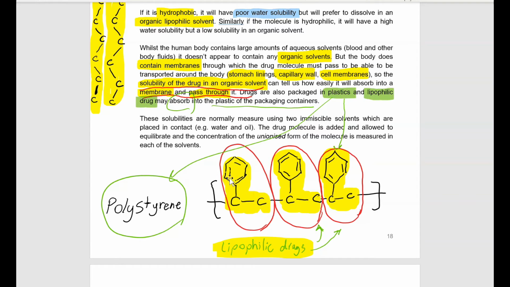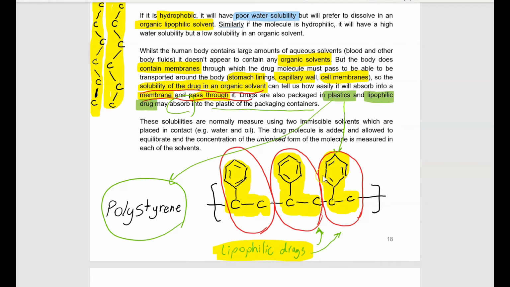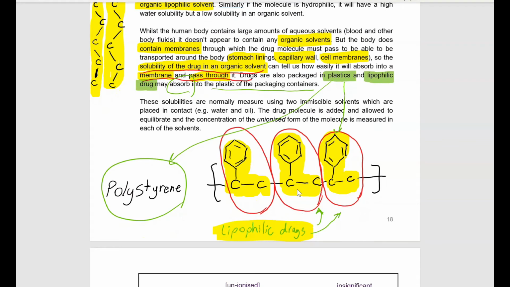So we don't have any of them. So polystyrene polymer is so lipophilic. So a drug that is hydrophobic can be dissolved into the plastics.